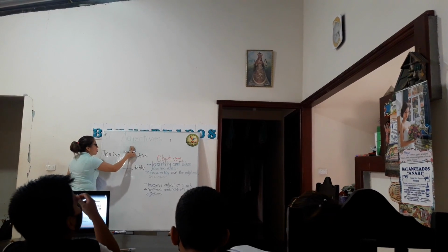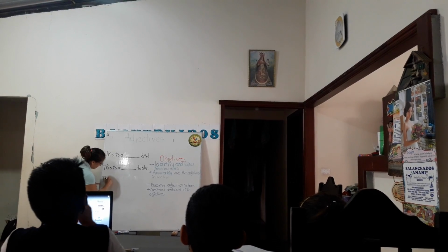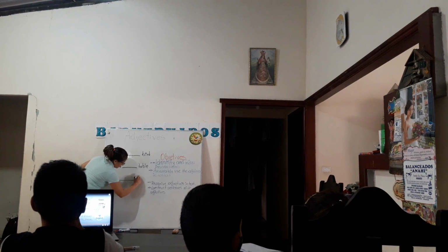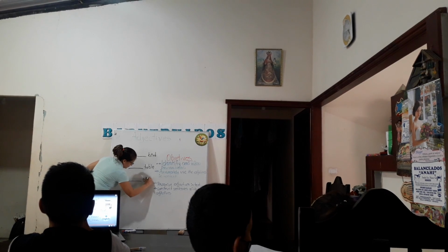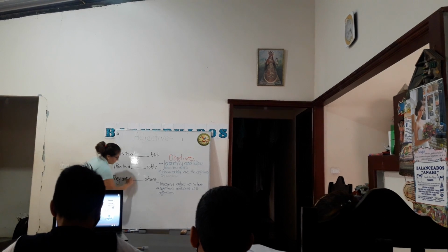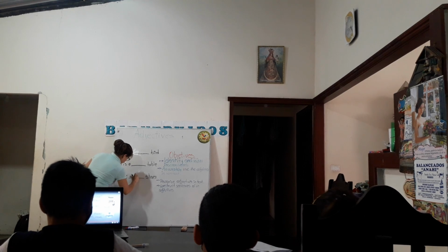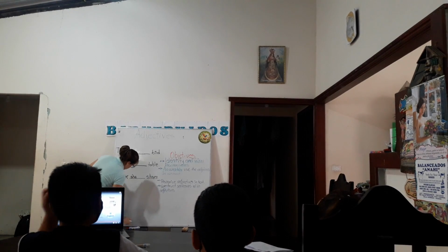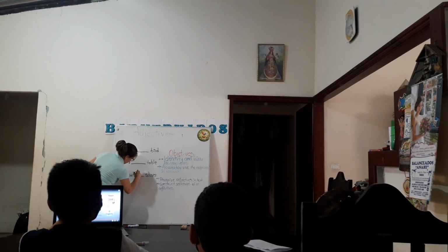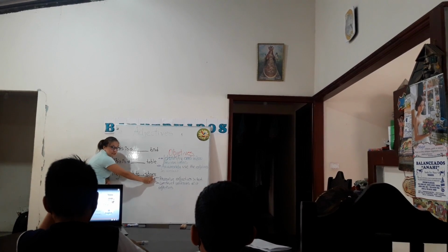When we have plural things or persons, we use there are, pay attention, they are, there are white stars.